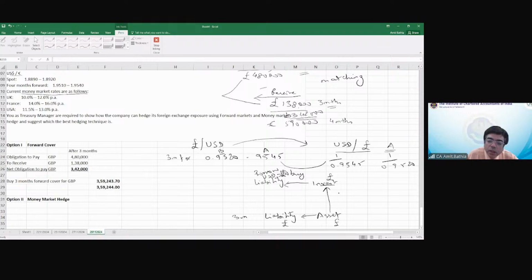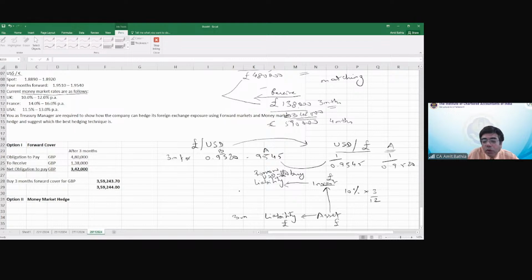Now the question arises, what is going to be earned at what rate, or where you have to pay at what rate? When you are investing in pounds, you are going to earn interest in pounds, 10%. So in pounds, you are going to earn how much interest? 10% into 3 by 12. Very good. Now I have a liability over here in dollar terms.